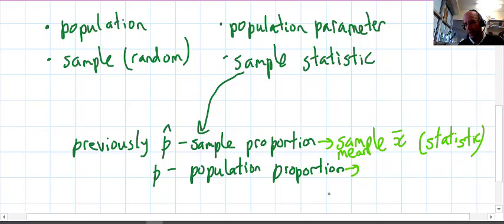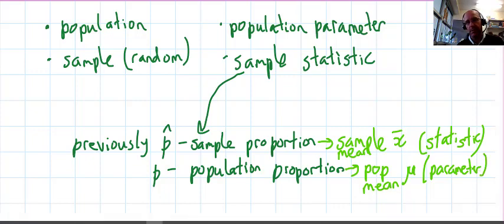And instead of the population proportion, we're going to be looking at the population mean. That's the parameter we're trying to estimate, the population parameter, which has the symbol mu, which you probably have seen before.